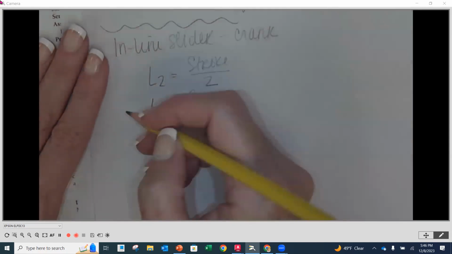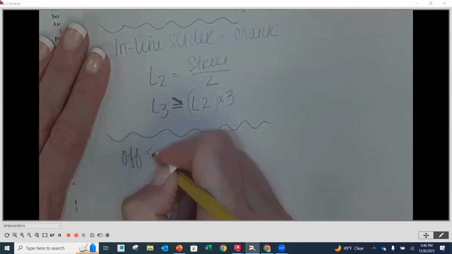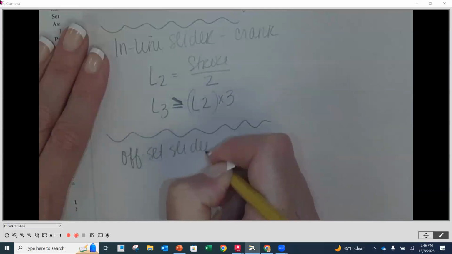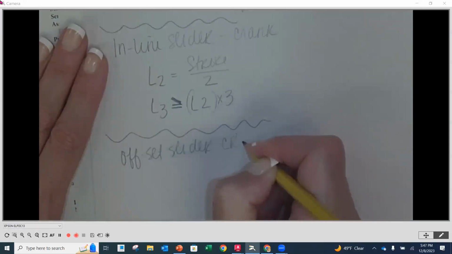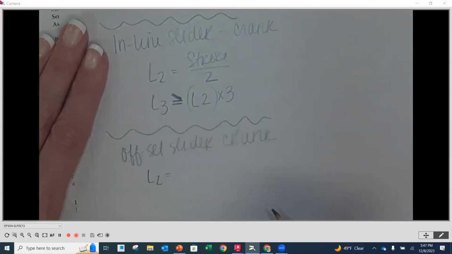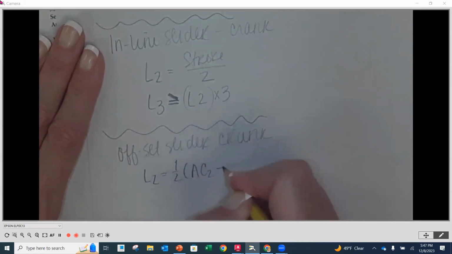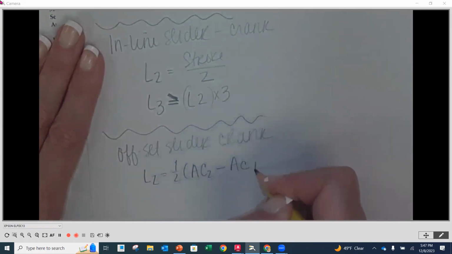So if we want to add these, this is going to be offset slider crank. Our L2 is going to be equal to 1/2 times AC2 minus AC1.